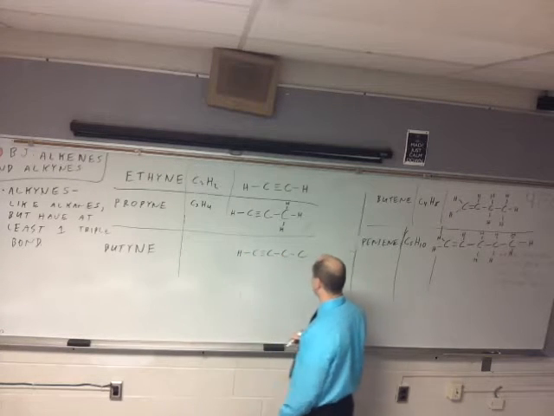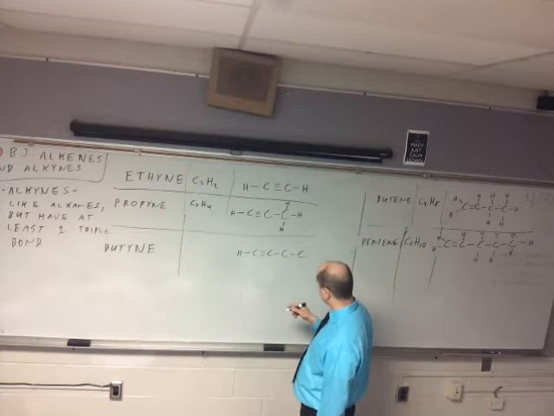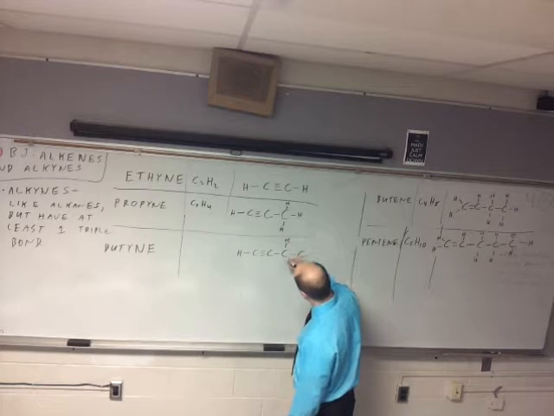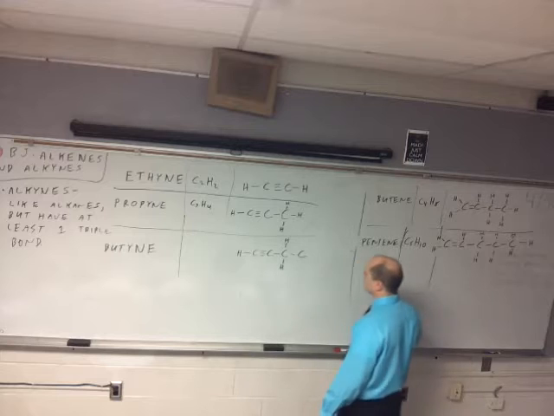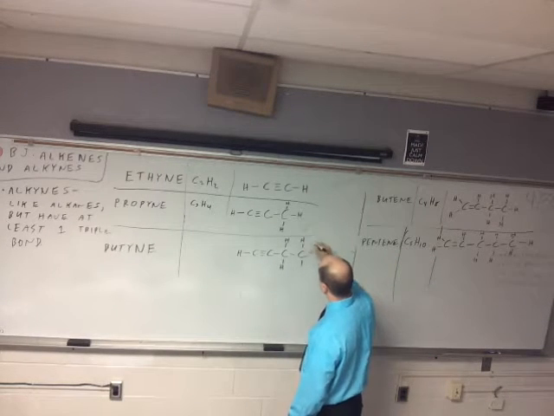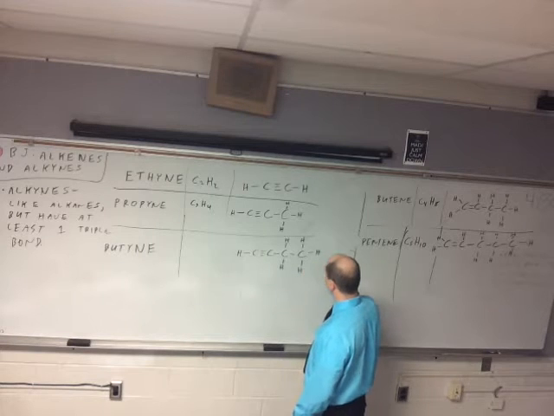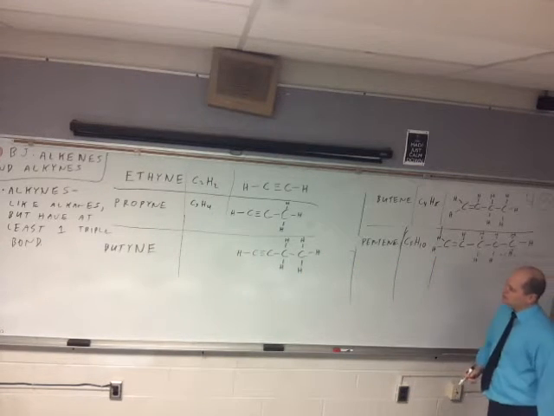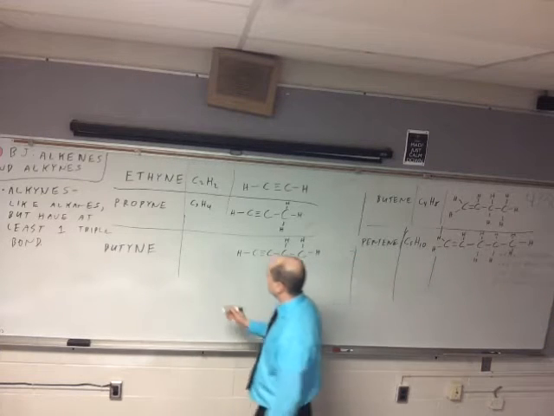How many on the second? How many on the third? 2. How many on the fourth? 3. Carbon always gets 4 bonds. All right, so that's going to be C4H6.